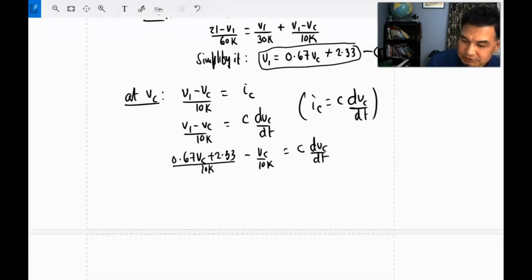And you can clearly see this is first order, so just simplify that.